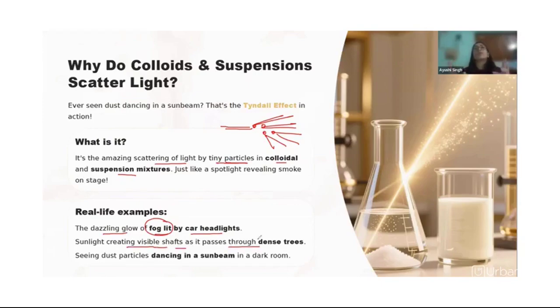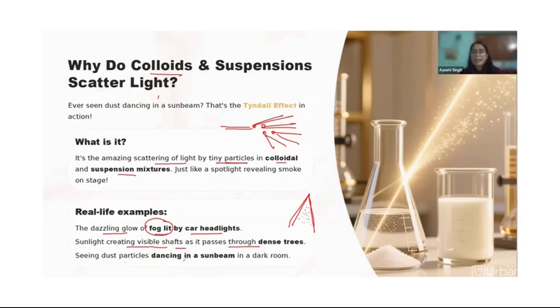If you ever go to a forest or a national park where the big trees are, you will see the light coming like this. Or maybe in images or movies, you might have noticed, right? And you might also be able to see dust particles, right? So that is also because of colloid, and that is a colloidal kind of example, you can say.